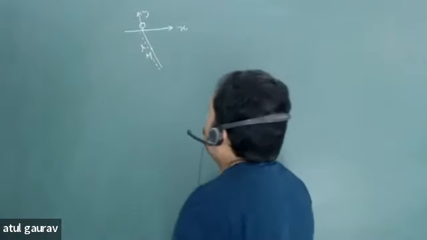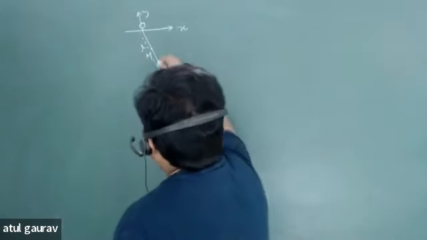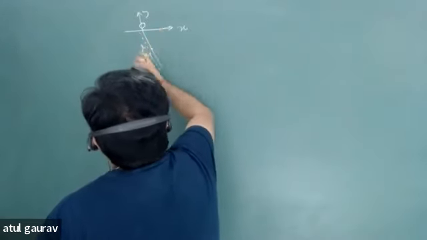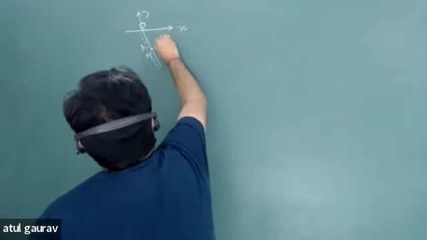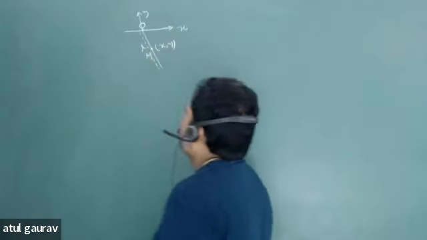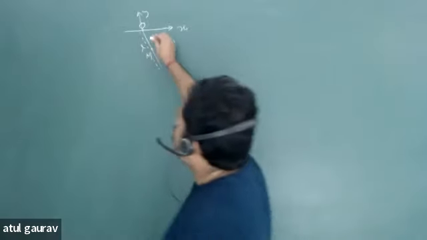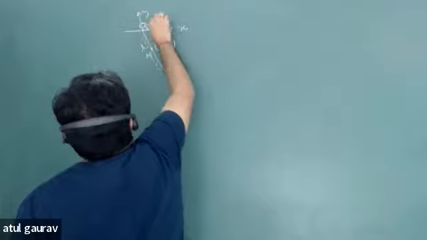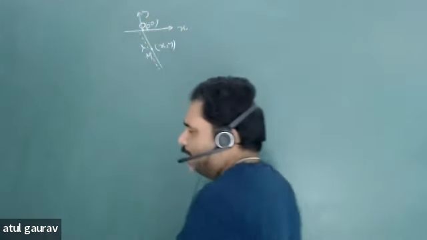Now, where is the center of mass? At this point I have the center of mass. So your first duty is to put the coordinates of the center of mass as x and y, and assume this is your 0, 0 coordinate, the point of pivot. So this coordinate is x and y.